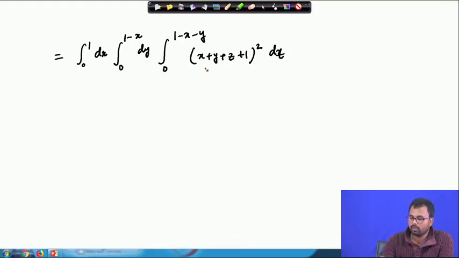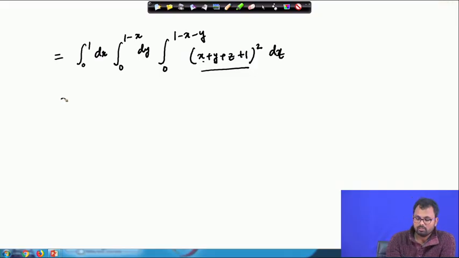So when we are integrating this integrand with respect to z, that means x and y are both treated as constant here, because there is no x and y variable involved in this element dz. So we treat x, y, and of course 1 as a constant here, and then this is basically a plus z whole square integral.